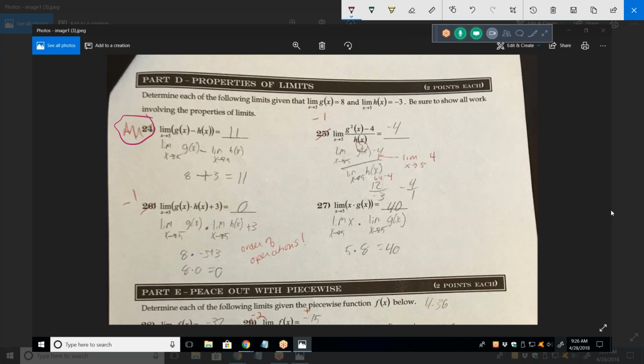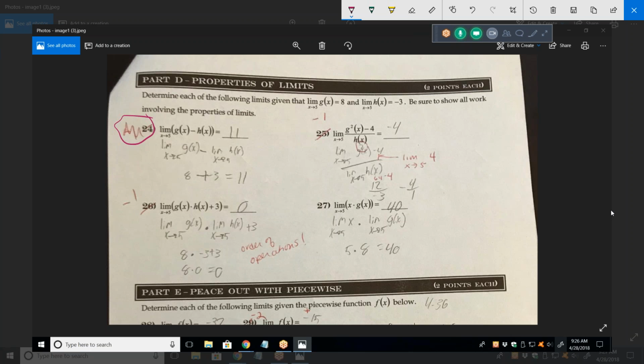So g squared of x, if we do a straight substitution, then it's going to be 8 squared, right? In other words, g squared of x means g of x times g of x.